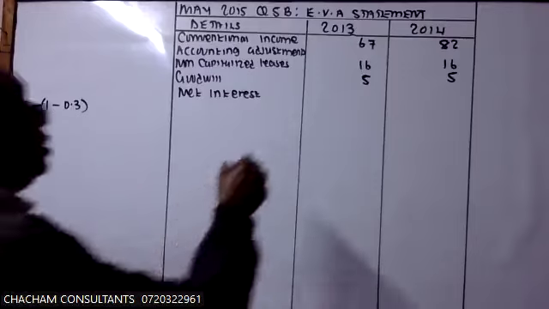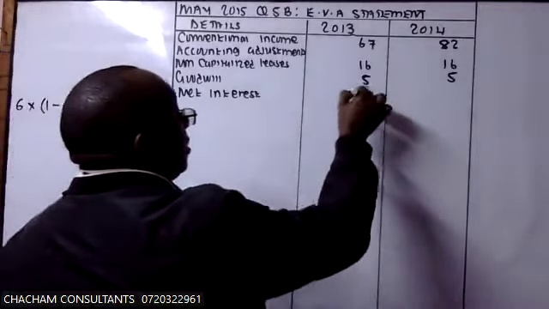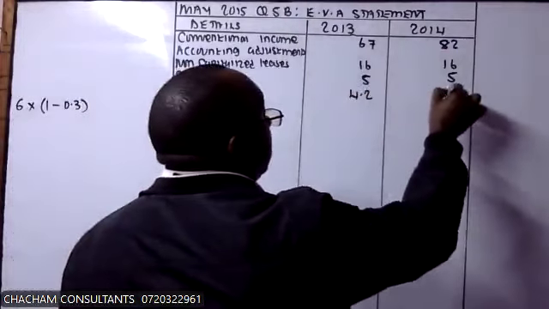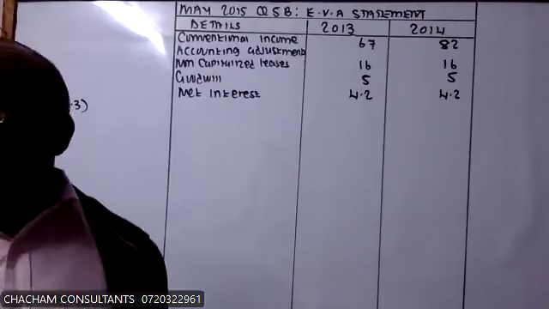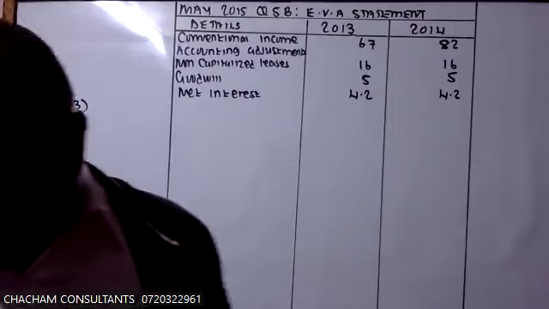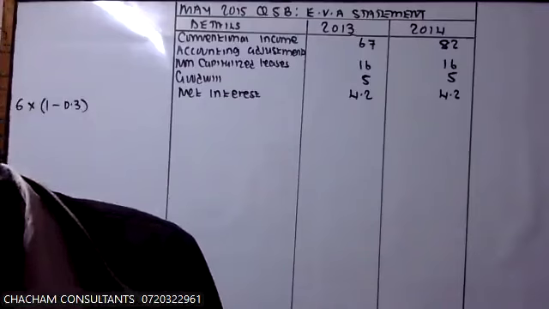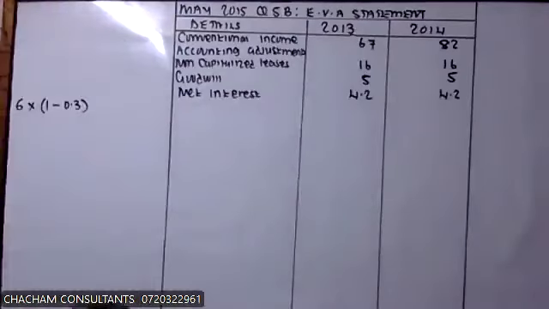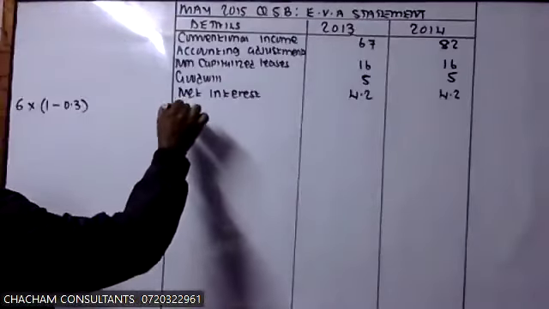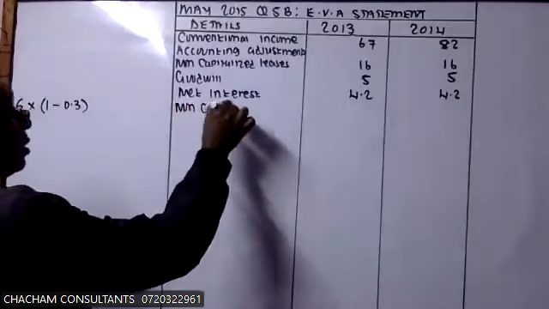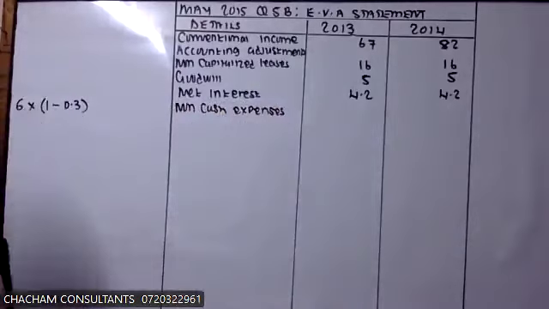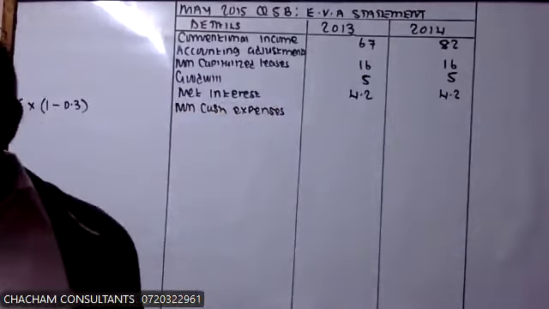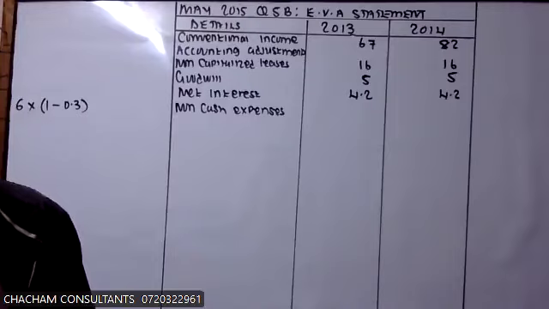$4.2. Sasa hiyo ndio tunarudisha hapa. $4.2. Aya. So the other one is non-cash expenses. So the non-cash expense we are told is 12 for each year.